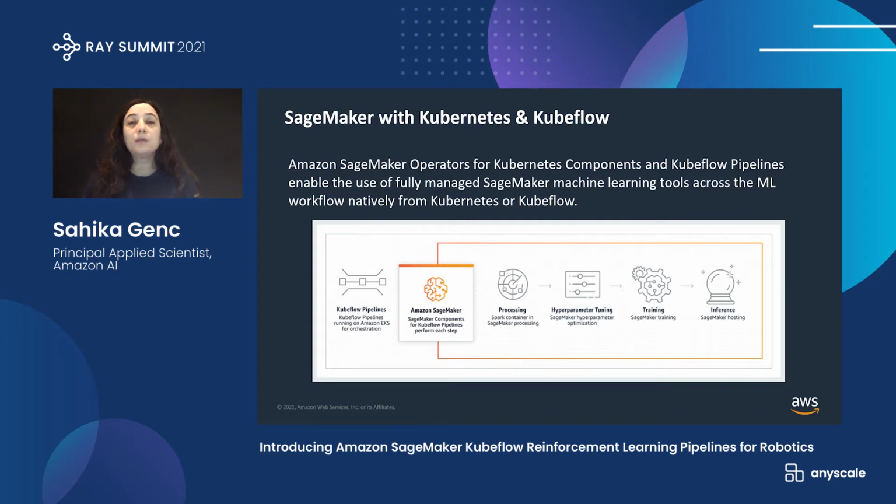So in 2019, we provided to our customers and to you Kubeflow components and Kubeflow pipelines in order for you to use these components and pipelines for SageMaker and automate the machine learning workflow for build, train, tune, and deploy.